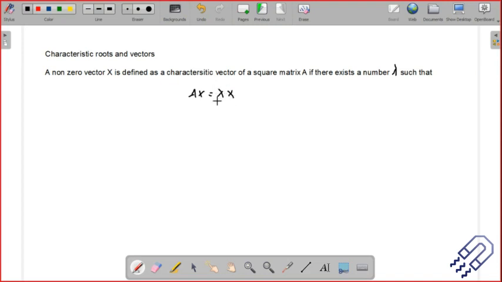If you can write it in this way, we actually can get the characteristic root and the characteristic vector. So what are the different terms here?